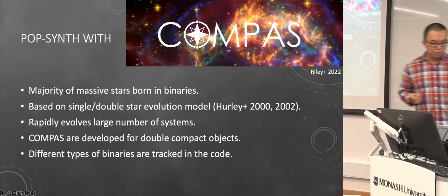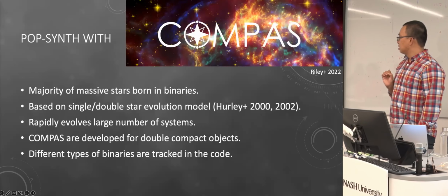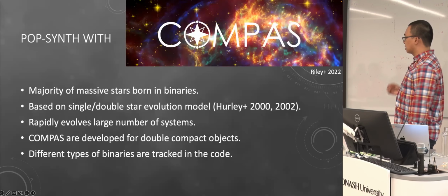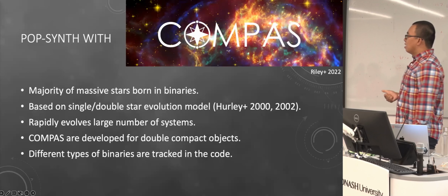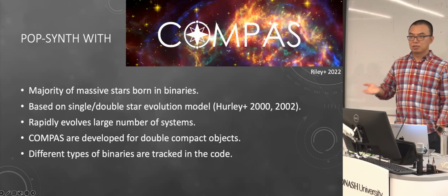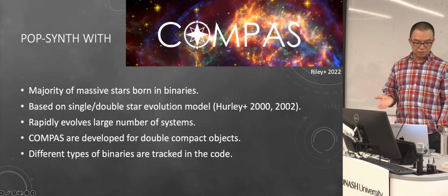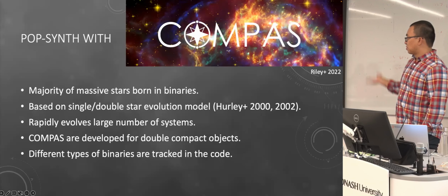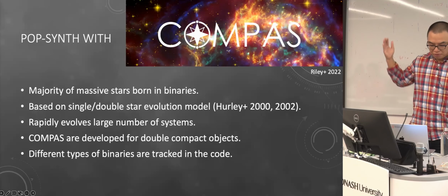COMPAS was initially developed to track the gravitational wave events coming from double compact object mergers. And this is also good for looking for pulsars, because pulsars are a product of massive star evolution, and the majority of massive stars are born in binaries. So this is a very good use of the code.